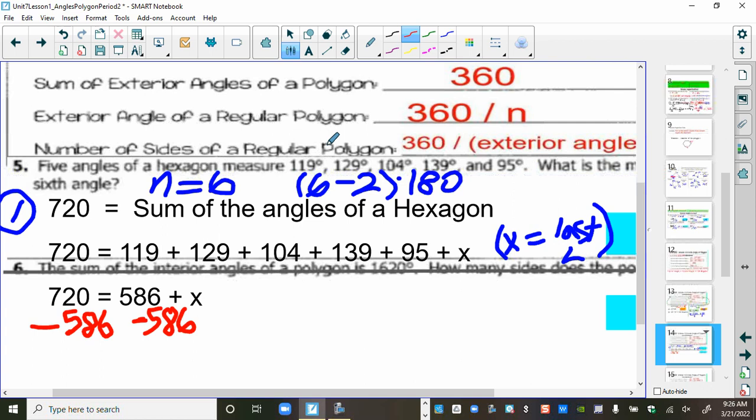So then the last angle is how many degrees? How many? 164? Try that subtraction again. 34. That's the last angle.